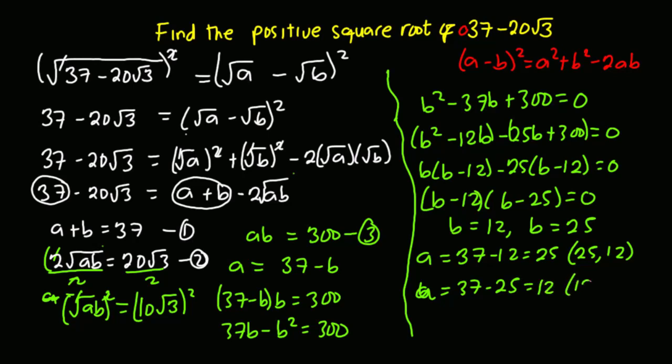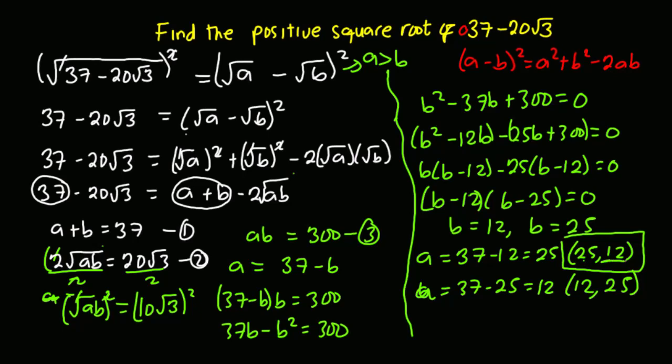So in this case we have 12, 25. Now because we are finding the positive square root, A must be greater than B. So if A is greater than B, we'll go for this solution where A is equal to 25 and B is equal to 12.